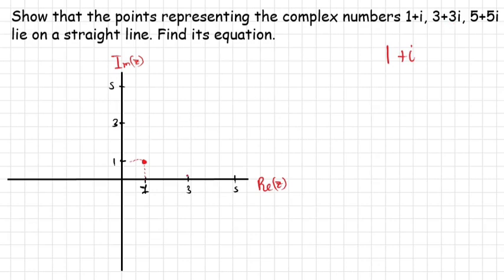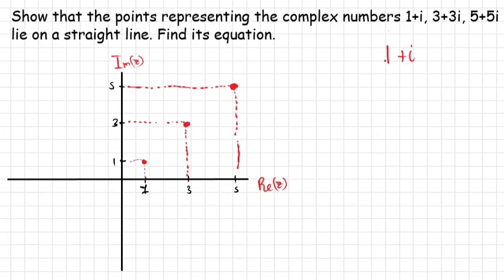So in the real, it's 3. In the imaginary, it's 3. So the complex number is somewhere here. Then for the last one, again, it's the same thing. So it will be 5 in the real, 5 in the imaginary, and the complex number is somewhere here.